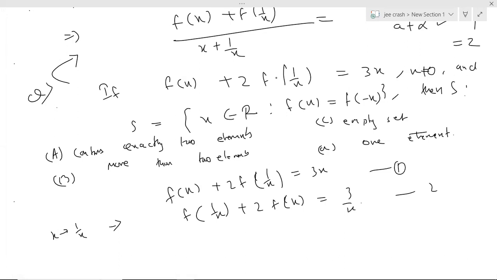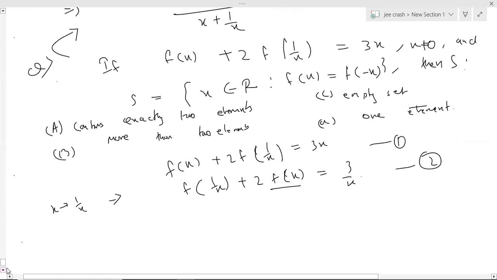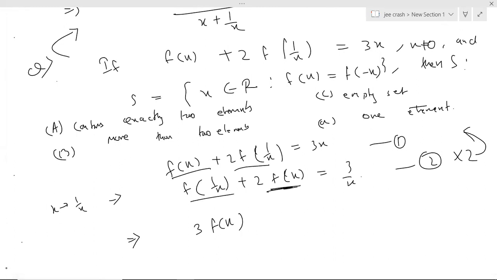This is equation 1, this is equation 2. So we have to find f of x. Very simply, I can multiply this with 2 and subtract 1 from 2. So this will be 4 f of x minus f of x is 3 f of x. This is cancelled. This will be equal to 6 upon x minus 3x.